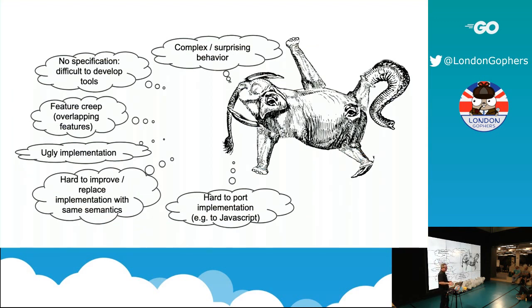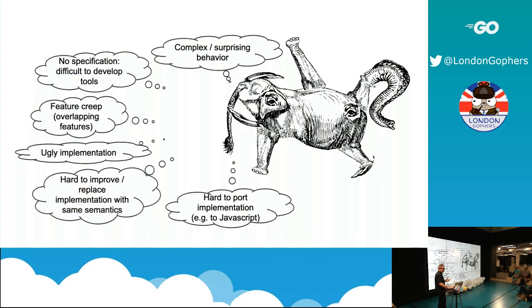So, of course, when you have a language which has been developed in an ad hoc way and you accrued features over time, it's not necessarily the best language if you consider it to be a language from the first instance. So, yeah, you might have complex or surprising behavior. Without a specification, it's hard to develop tools if you want to verify a config or something like that. Because each feature has been added because somebody asked for something because they were trying to do something, features can often end up overlapping.